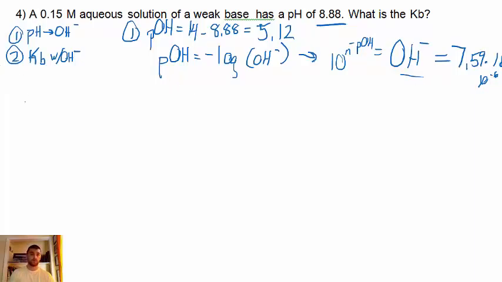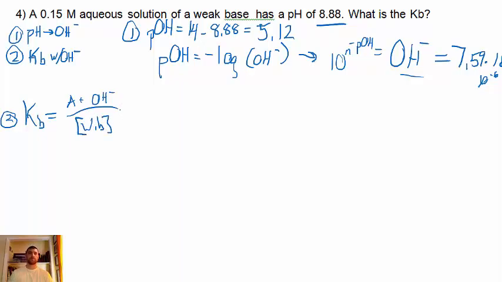So now, what's my Kb expression? Now I'm on to that second step. I'm going to start using Kb. For the base, it's going to be the conjugate acid, so I'm going to say A plus times the OH minus, all over what you started with, which is the weak base.